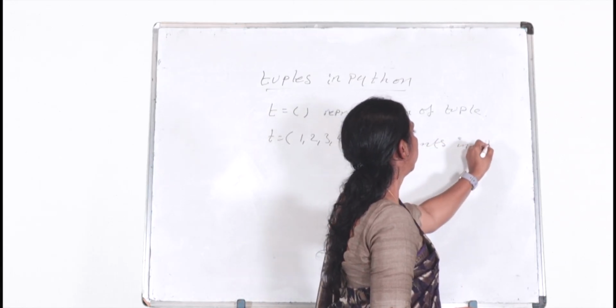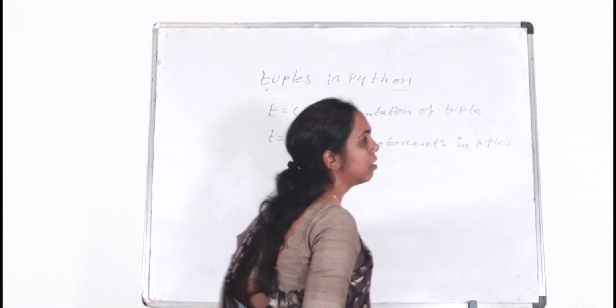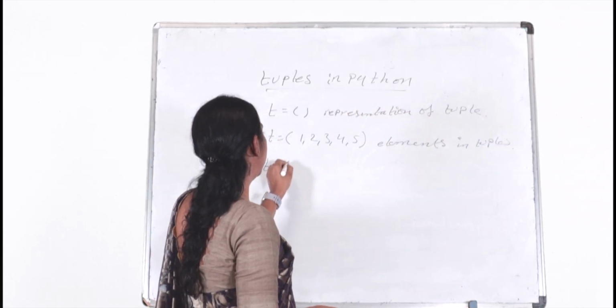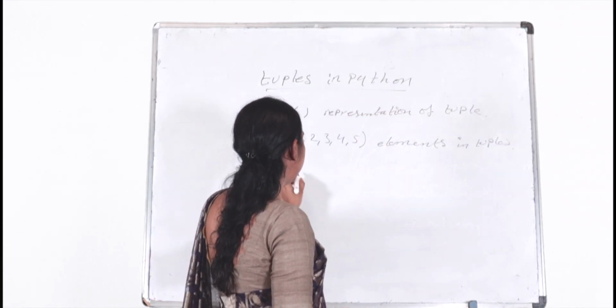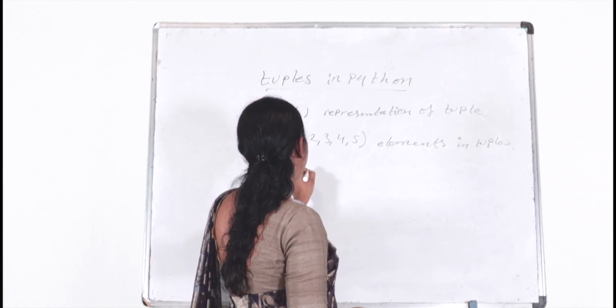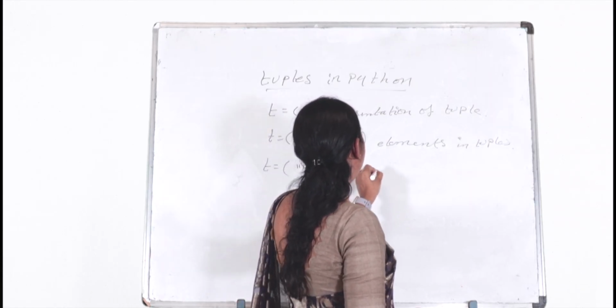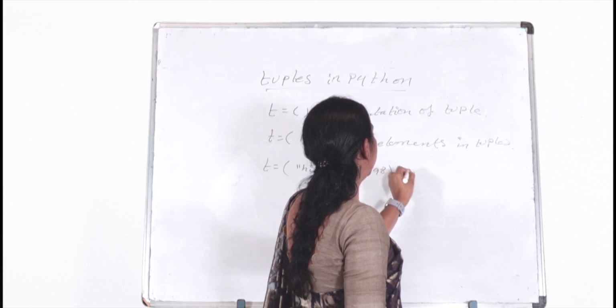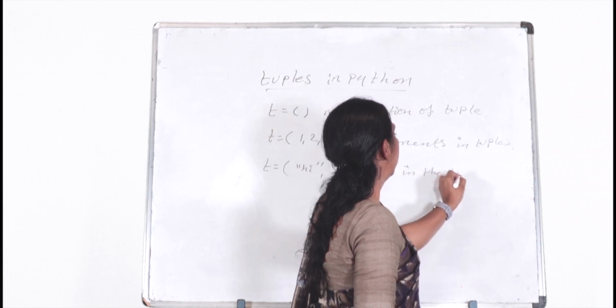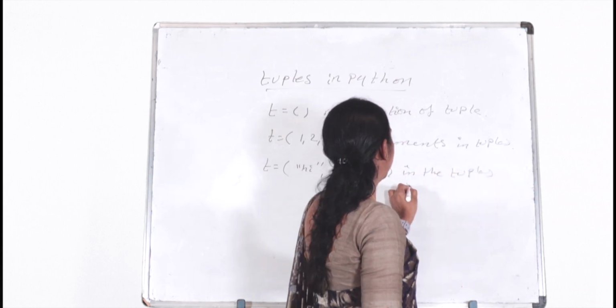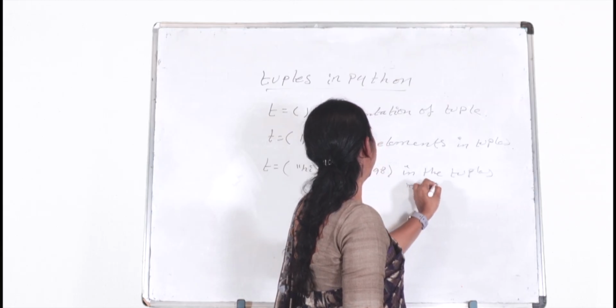We can pass multiple data types in the tuples, like a string, an integer, and a float value.